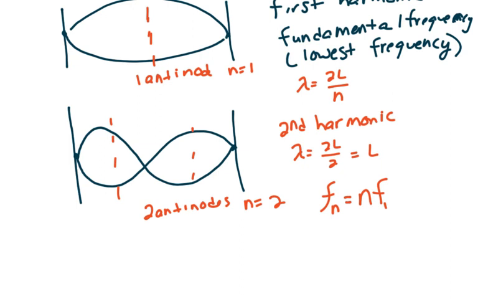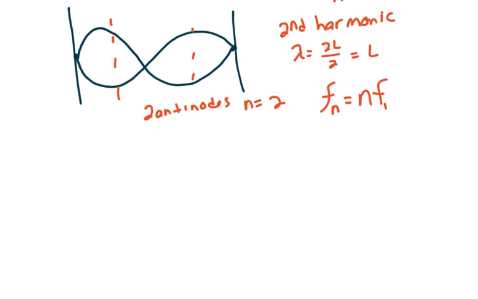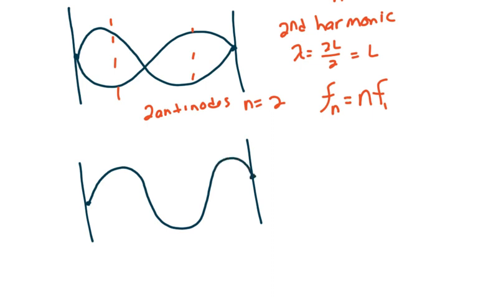Standing waves on strings can have odd and even harmonics because I can draw a third harmonic here. And let me keep it the same width so you can see how it looks. That is going to be a crest, a trough, and then back up to a crest. I'm sorry I'm not drawing these to scale very well.